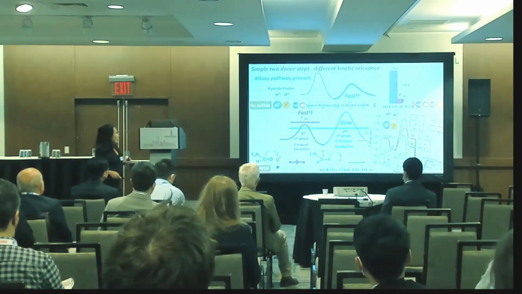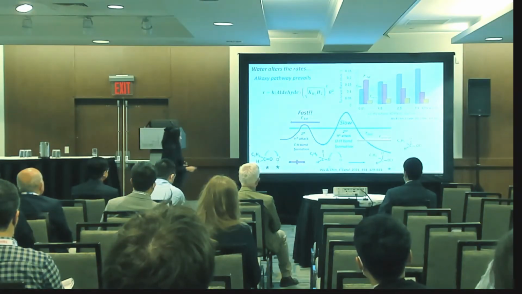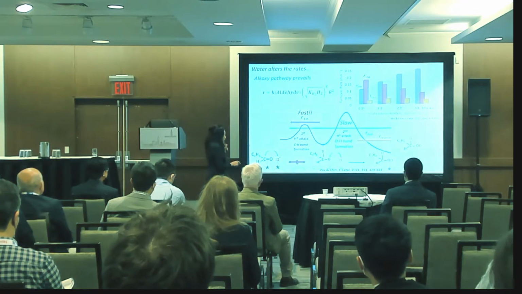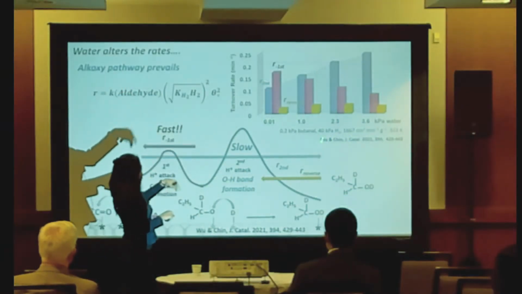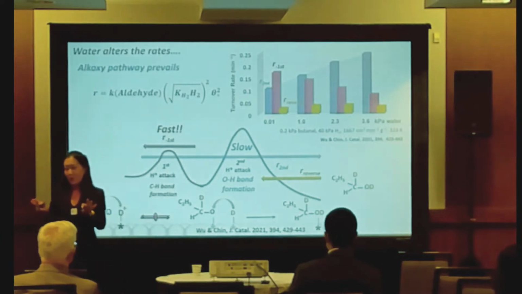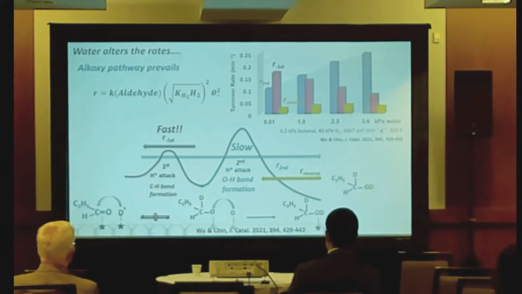Okay, now let us go on to the point of having water, a small amount, 1%, 2%, 3%, and see how all the rates change. As we increase the water chemical potential, dropping one drop at a time, the hydrogenation rate increases, actually promoted.